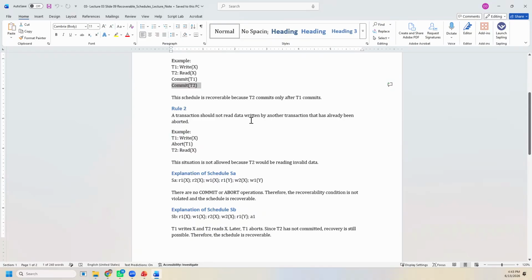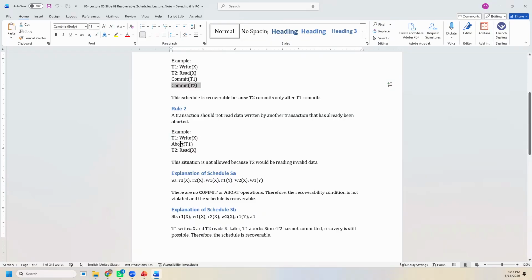A transaction should not read data written by another transaction that has already been aborted. Data items which are coming from an already aborted transaction should not be read.